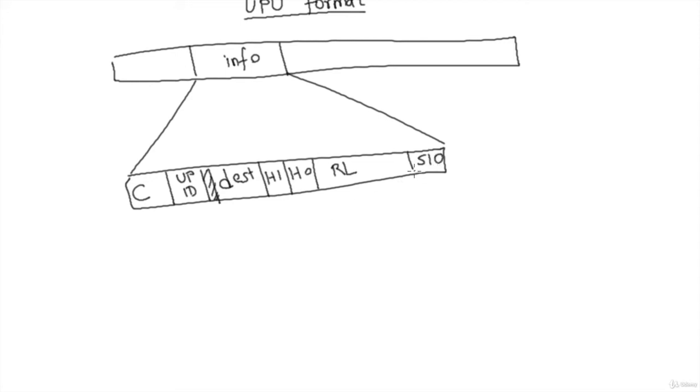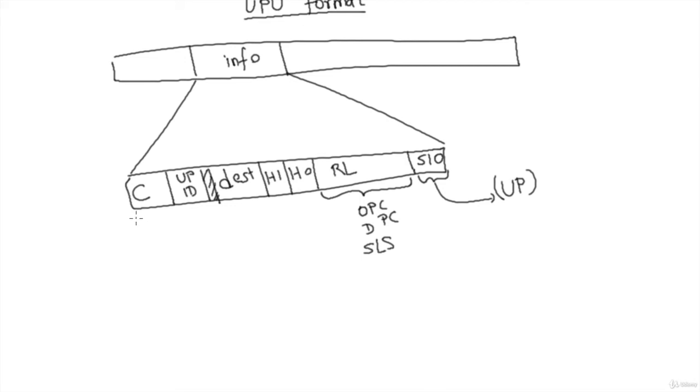Now SIO and routing label: routing label is basically the origination point code, the destination point code, and the link set, and SIO is the service information. This is basically the identifier of the user part for which this message is.